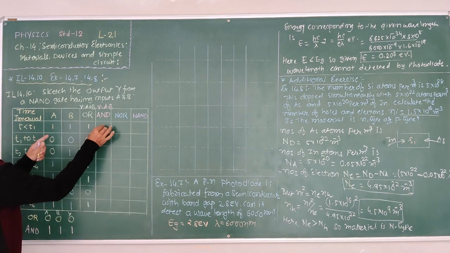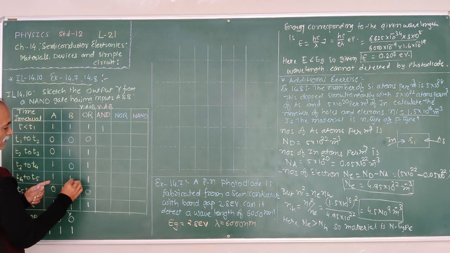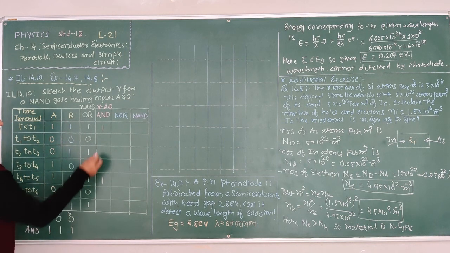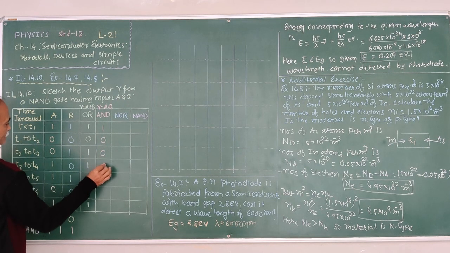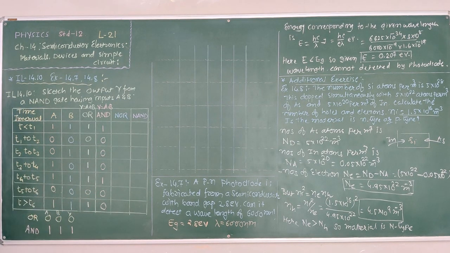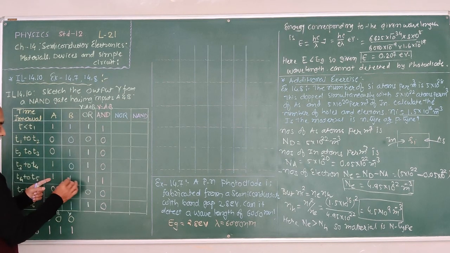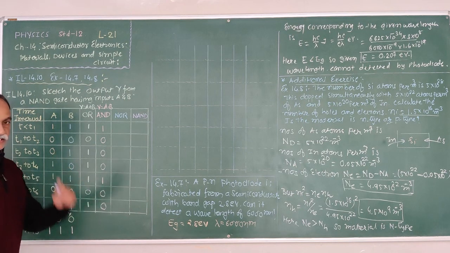A and B are 1, therefore 1. Otherwise 0. That is the truth table of the AND gate. Keep in mind this characteristic for the AND gate: 1, 1, 1. If all inputs are 1, the output is 1. Otherwise 0.